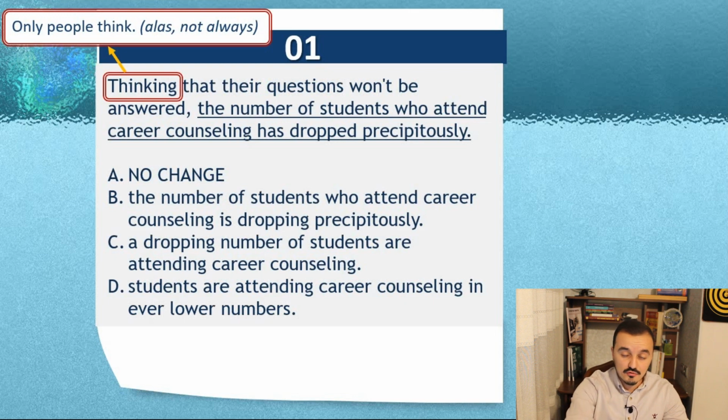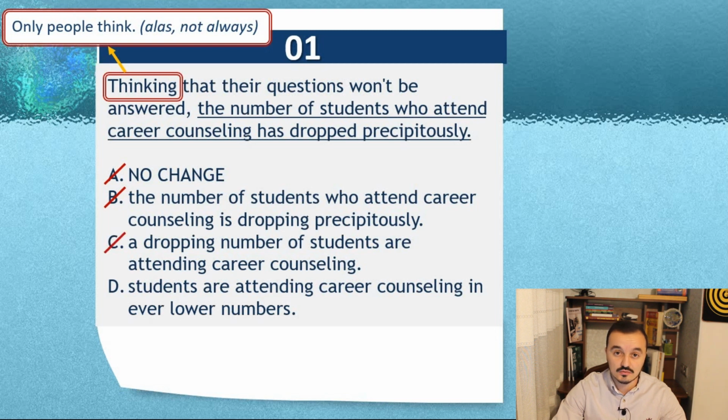So the first part of the sentence, the modifying phrase, should be modifying a person or people. In this case, A is out because my main clause starts with the number. So thinking can't be modifying the number. It should be modifying a person. B is out for the same reason.